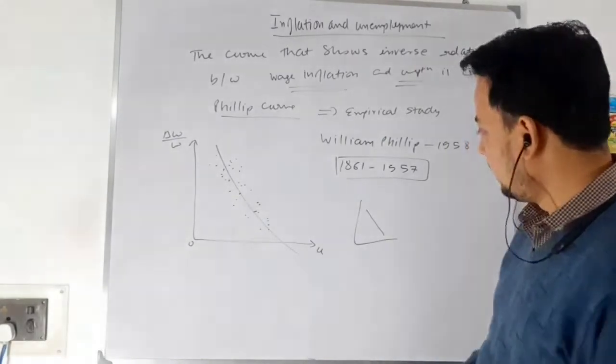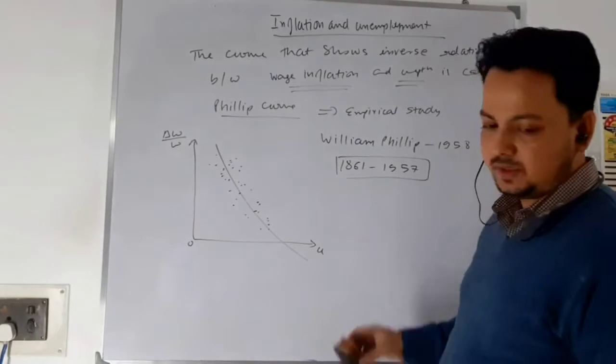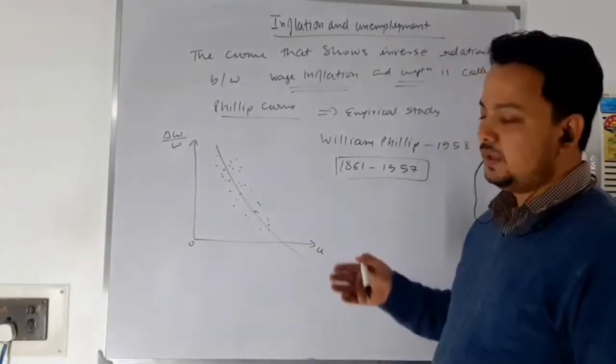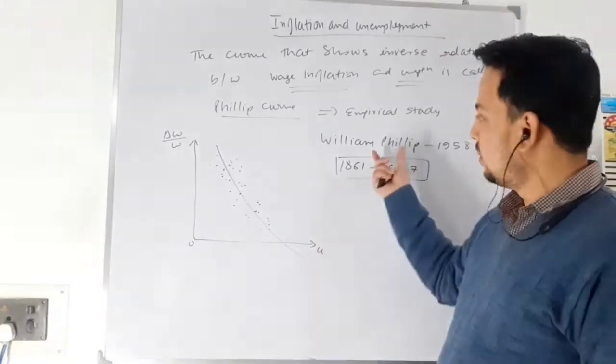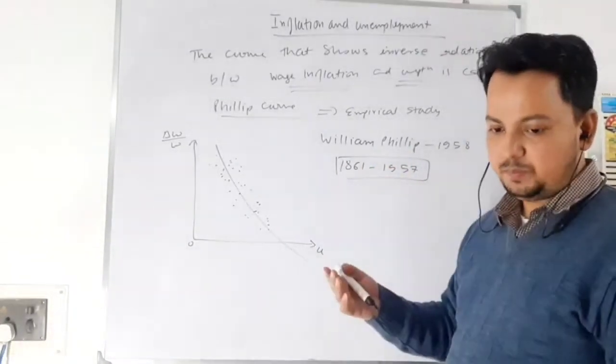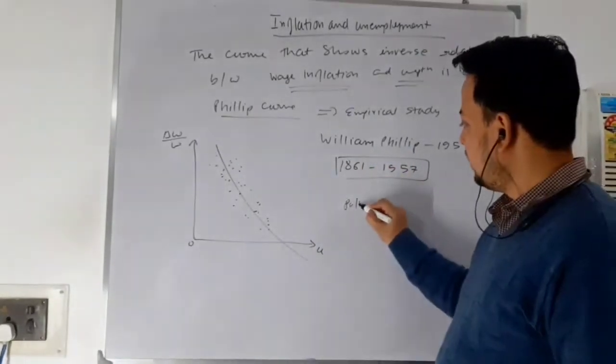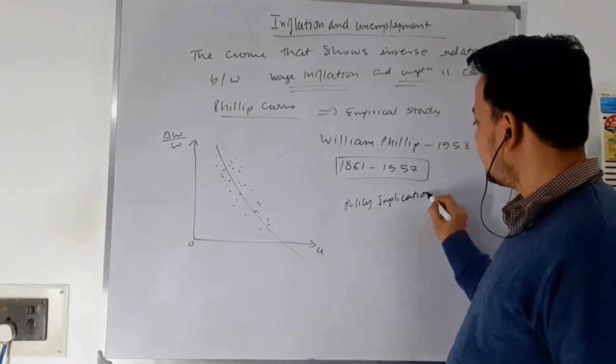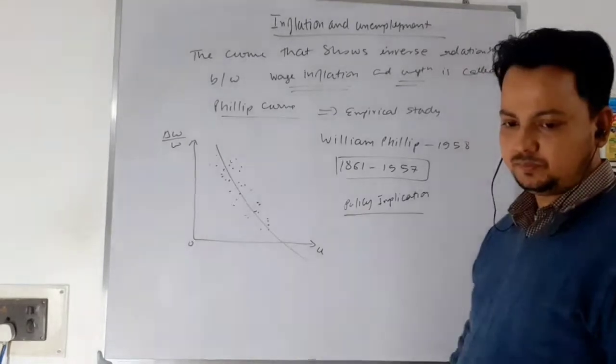Now, what is the policy implication? Why do we look at empirical data? Because we want policy implication. The policy implication is that both cannot be reduced at the same time.